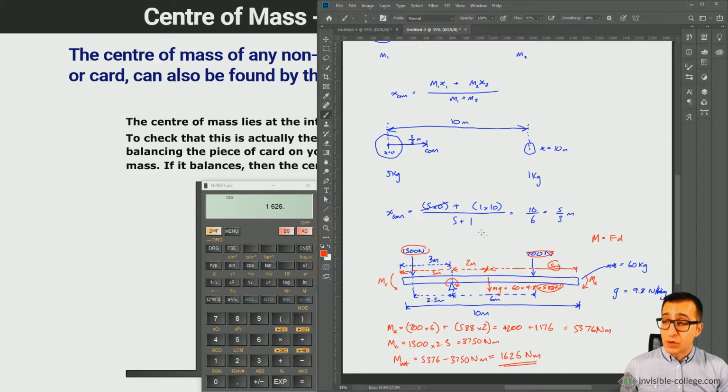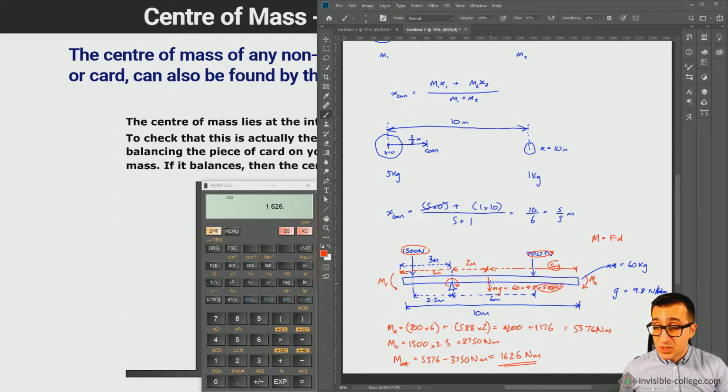Now we could just as easily have solved this problem a couple of other ways, but this is something that you will see in some moments problems, where in the question they will also get you to consider the object on which the forces are acting about the pivot. Sometimes they'll get you to consider this to be massless. Sometimes they'll position the pivot point directly under the center of mass.